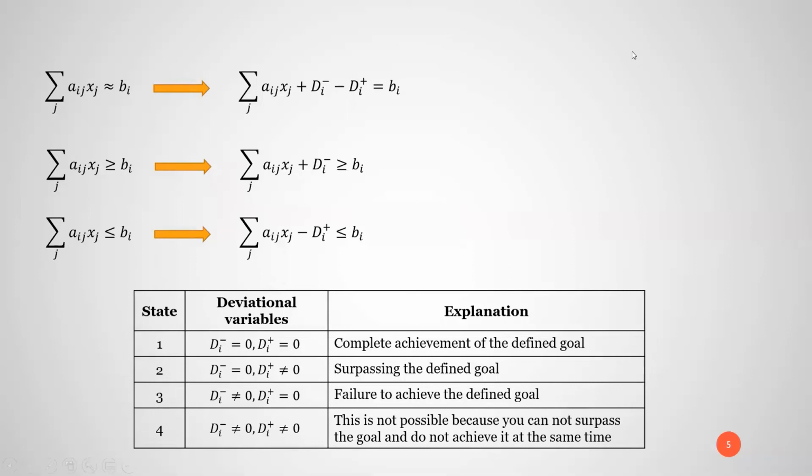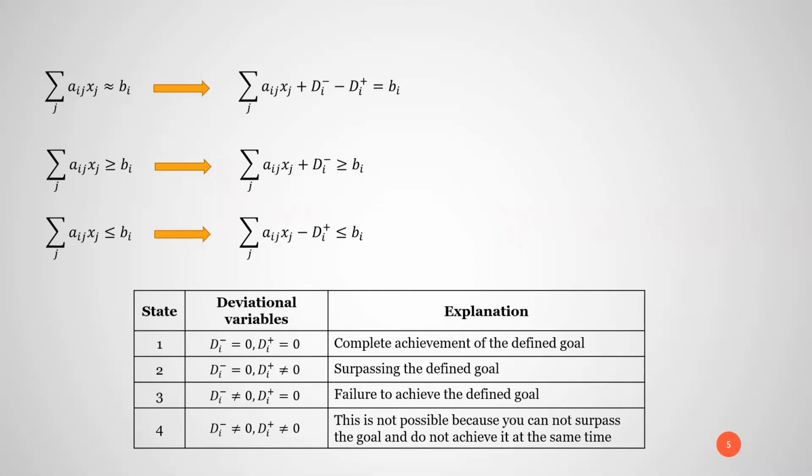So let's go back to the constraints I mentioned. If we are looking for obtaining a value around the RHS, or right-hand side, or the b_i, I'm looking for something around 800, around 1,000. This is the situation where we have both types of the deviations.